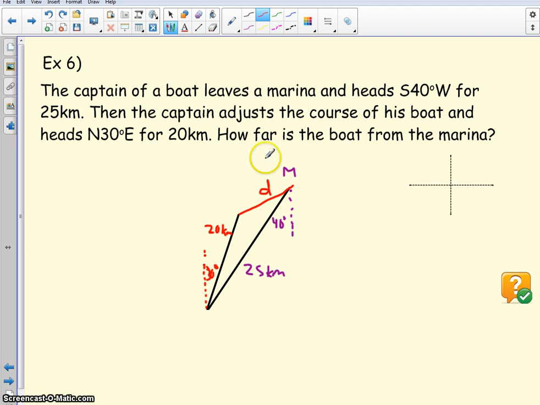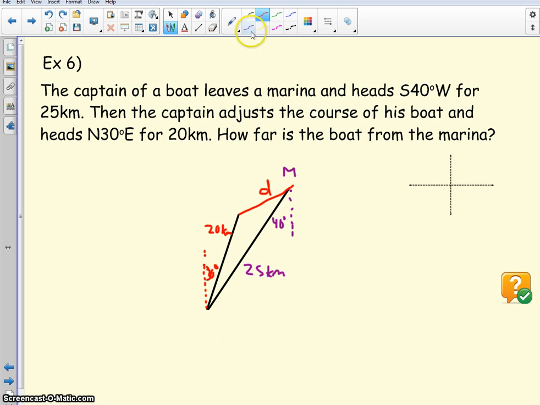Once we have this drawn, we just got to figure out if we have enough information to be able to solve for this distance. Now, if you look at this triangle, we have two of the lengths: the 20 kilometers here, the 25 kilometers here. But right now we have no angles inside the triangle. So we got to do a little bit of geometry and try and figure out what's going on in there.